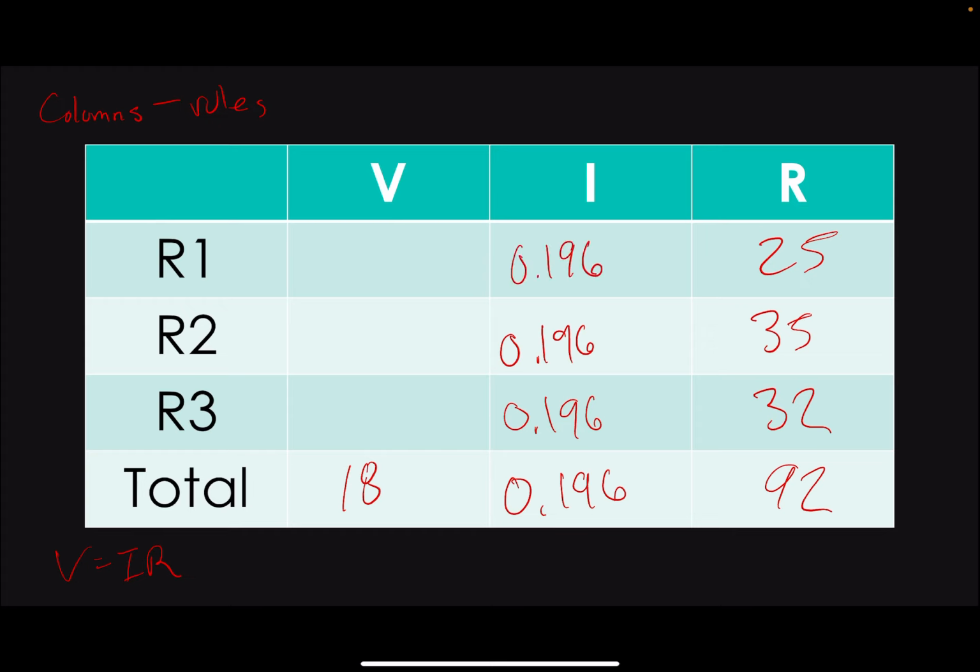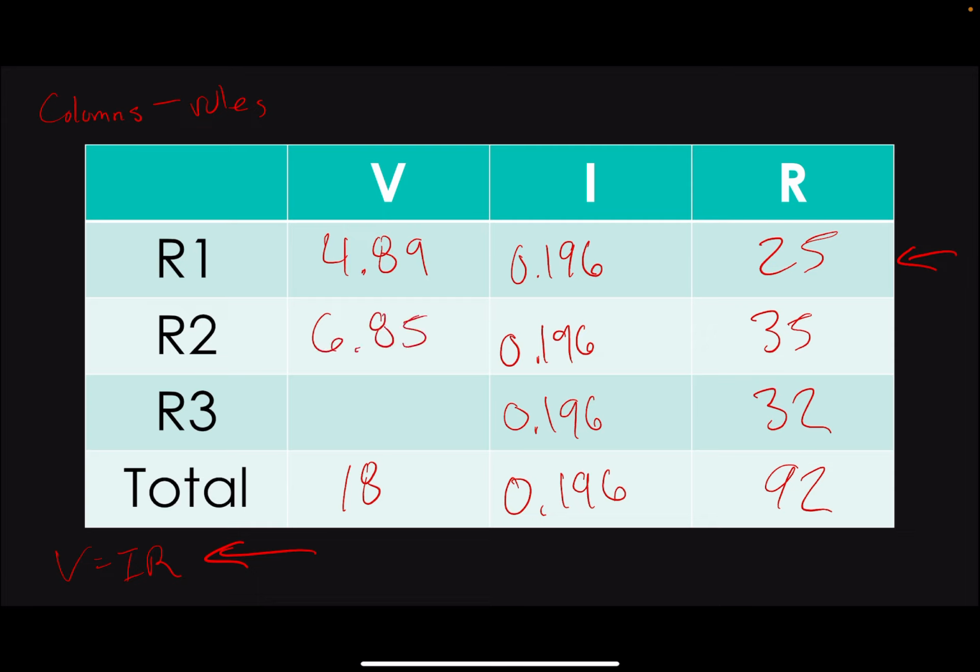If you have enough information in the rows, though, like we now do, I have enough information in the row to fill out V. V equals IR. So I just multiply my current times my resistance. Here, 25 times my current, and I'm going to use the non-rounded current, gives me 4.89. 35 times my non-rounded current is 6.85.